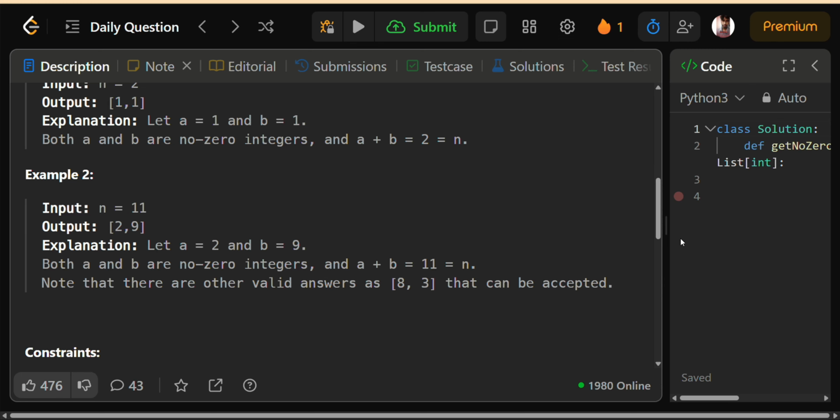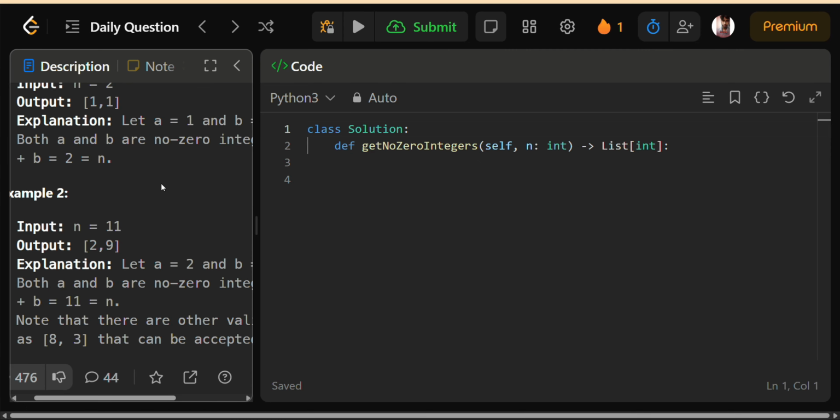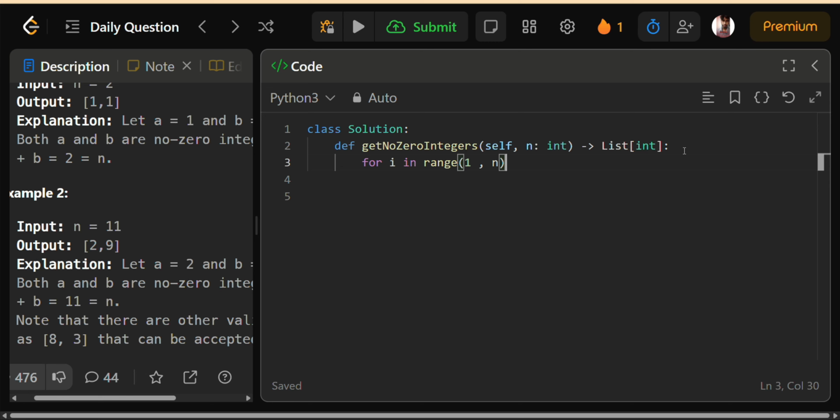Now let's talk about how we can solve this problem step by step. My approach is very straightforward. We start by checking all possible numbers i starting from 1 up to n-1. For each number i, we calculate the other number as n-i. This guarantees that together they always add up to n. Now comes the key check. For each pair, we look at both numbers and verify that they do not contain the digit 0.